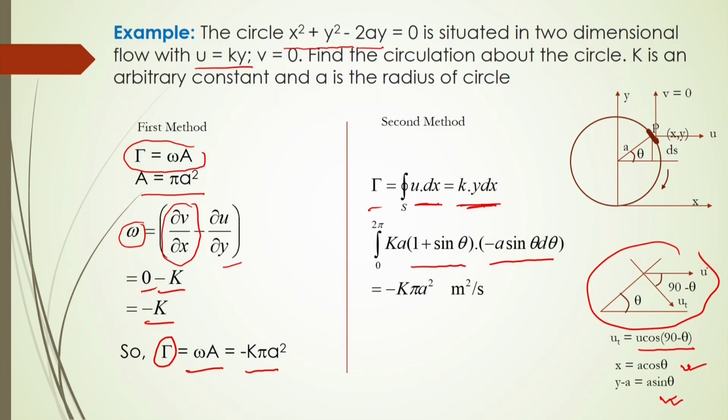Based on this, y will be equal to a into (1 plus sin theta), and dx will be equal to minus a sin theta d theta. After substitution and integration within the limit of 0 to 2 pi, we get minus k into pi a square, in meter square per second.